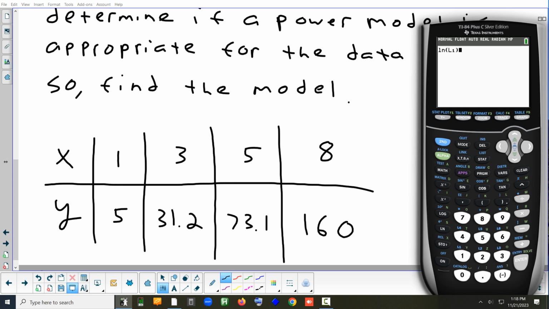What that's going to do is take the ln of every number in L1. All your lists are the blue values above 1 through 6. So that's a list of all the ln's in L1. They go off the screen, so I'm going to have to scroll to the right to see them. But let's write all those down.